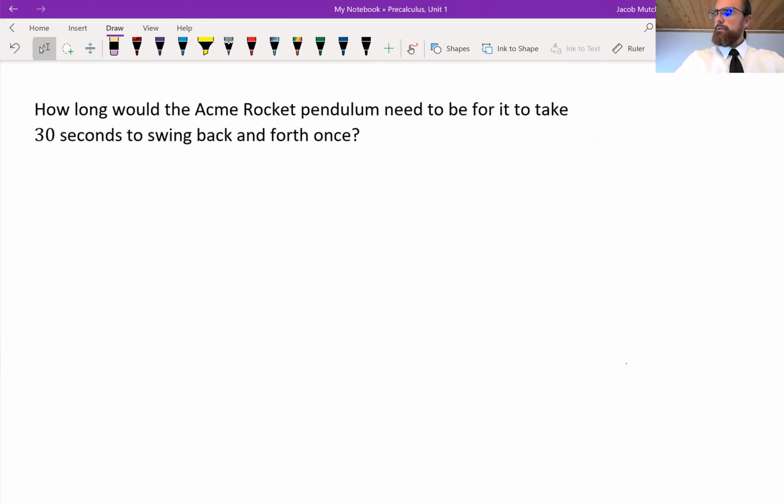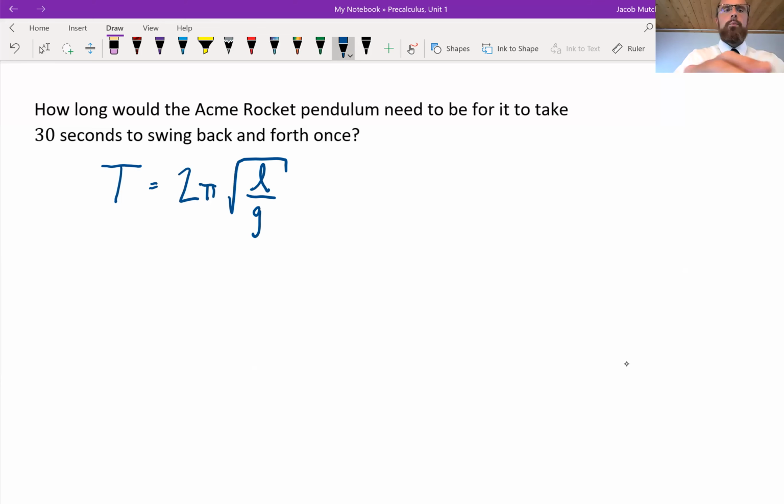What I need to look at is the equation to say, can I use that equation in the form we used it in the first question? So t equals 2 pi times the square root of the length or the height over g.